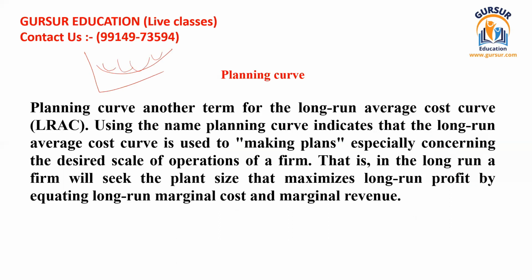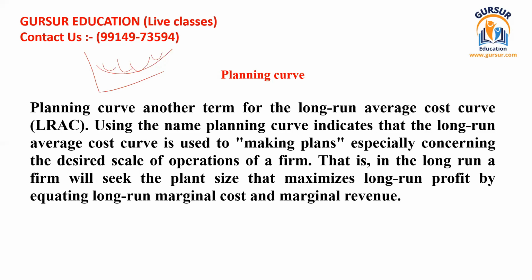So planning curve is another term for the long run average cost curve. The name planning curve indicates that the long run average cost curve is used to make plans, especially concerning the desired scale of operation. So you can reduce your cost in the long run with the help of the long run average cost curve. So this is all about that.